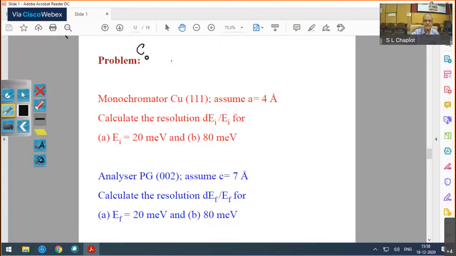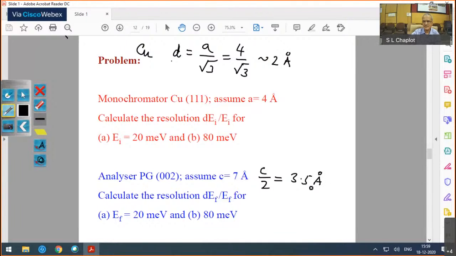For copper, the d spacing was a by root of 3, which is 4 by root of 3, so it was around 2 angstrom, a little greater than 2. Whereas for pyrolytic graphite, the d spacing will be C by 2, and that will be about 3.5 angstrom. So the d spacing is much larger.